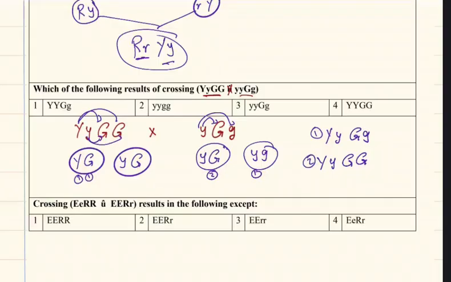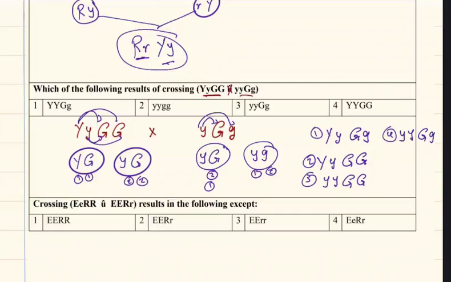This is the second. Let's see the third. The second with the first is going to be Y small, Y small, G capital, G capital. Now the second with the second is going to give us Y small, Y small, G capital, G small.